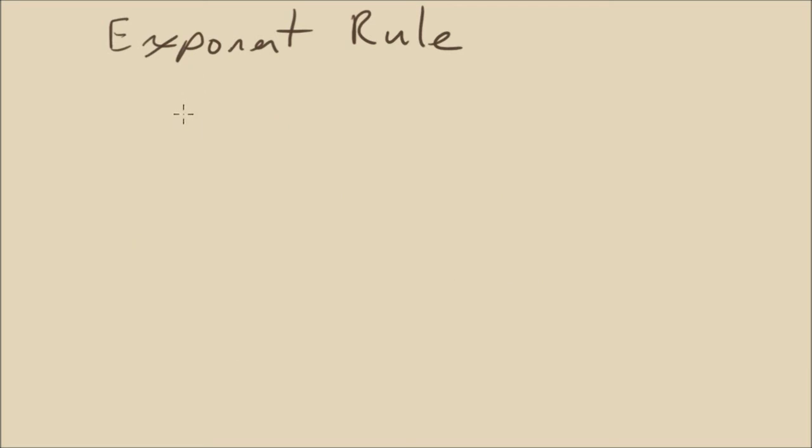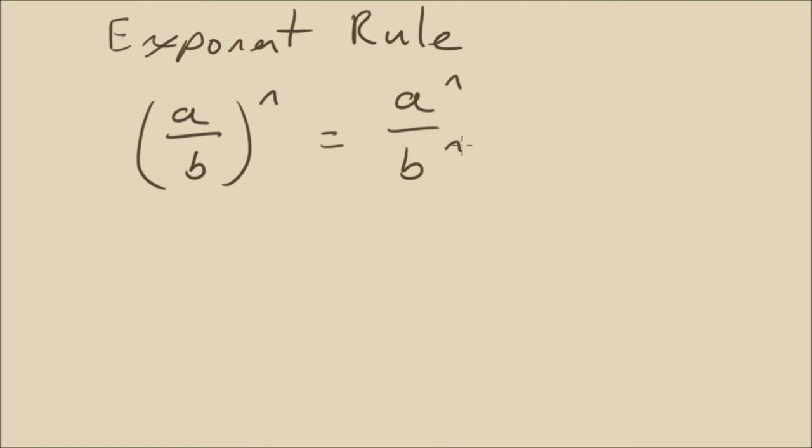That's going to be if I have a over b all to the power of n, that's equal to a to the n over b to the n. So if I was to say n is 2 again, a is equal to 5 and b is equal to 4, that's what I used last time, that's what I'll use this time.